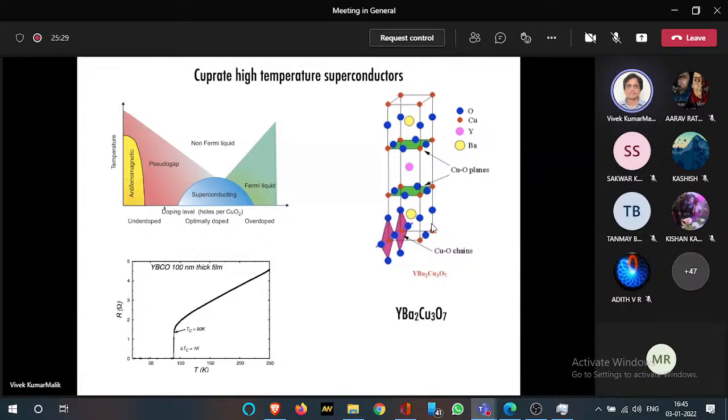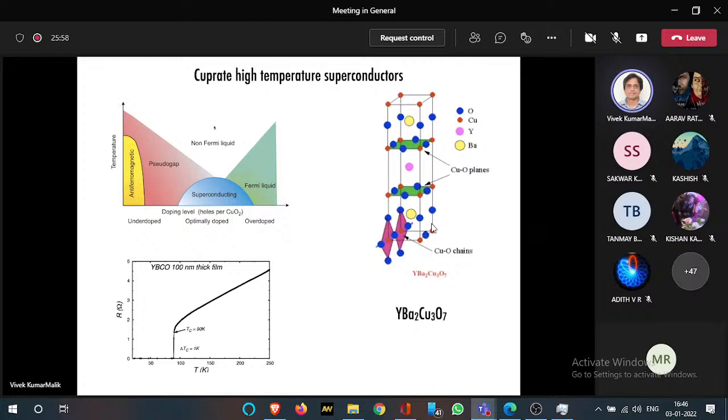As soon as you start to dope, that means you put more and more oxygen along the Z direction, you start to dope the copper oxide planes, and superconductivity starts to appear. Something like 0.15 holes per CuO2 plane, and the maximum TC occurs at something like 0.25, and then it starts to decrease again.